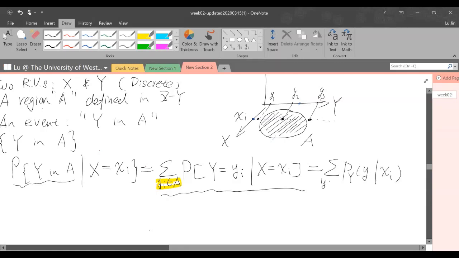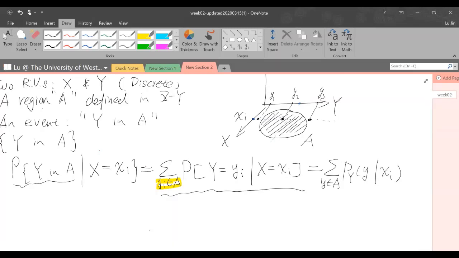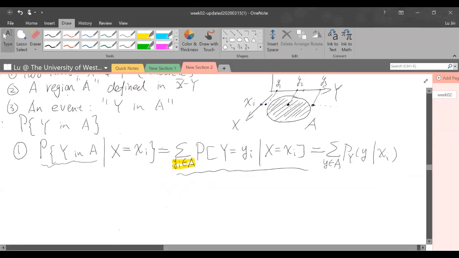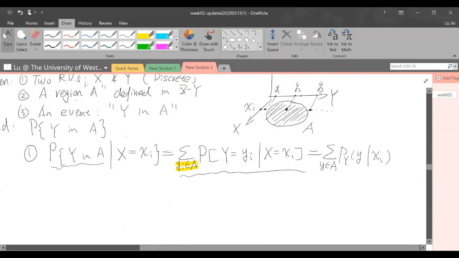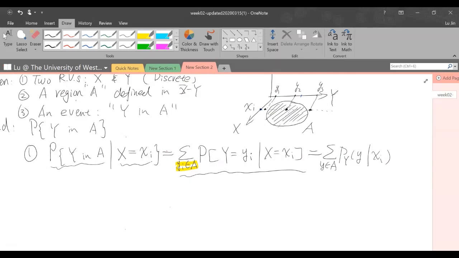This y is falling into the region A. This is the same meaning, just making the notation easier and the expression shorter. Okay, this is the first step. Now we have already evaluated: if the x value is fixed, what is the probability that y is falling into the region A?